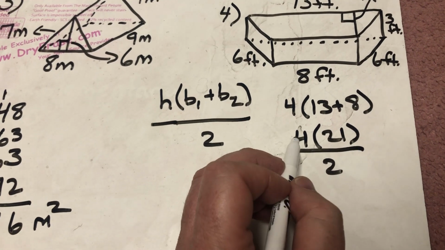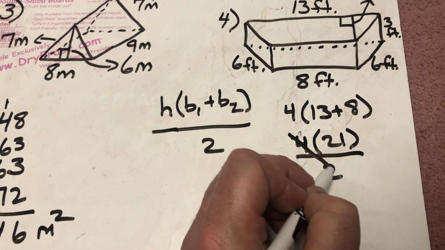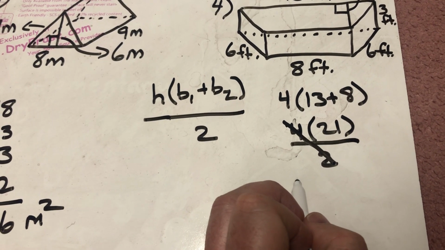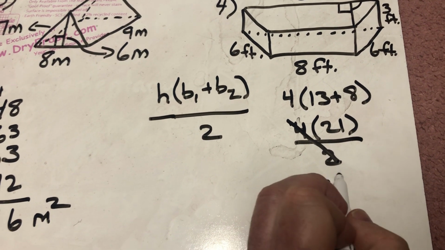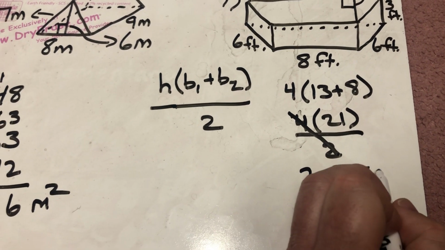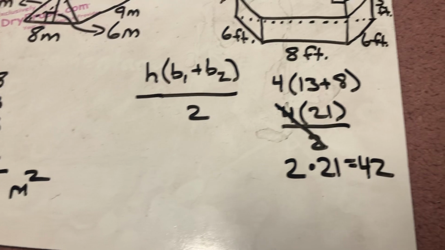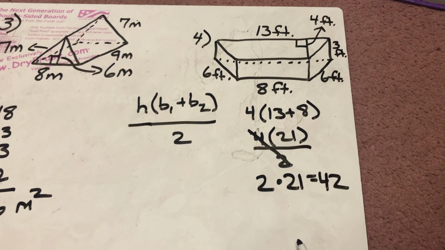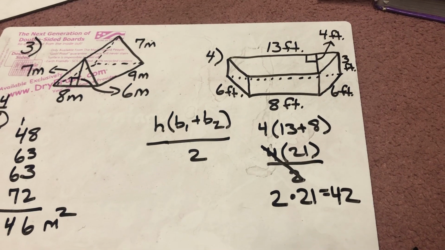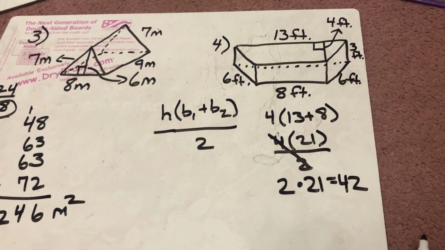Well, I can just do 4 divided by 2, do the division early, and that leaves me with 2 times 21. Well, 2 times 21 is equal to 42. So that tells me that the area of one of the trapezoids is 42 square feet.